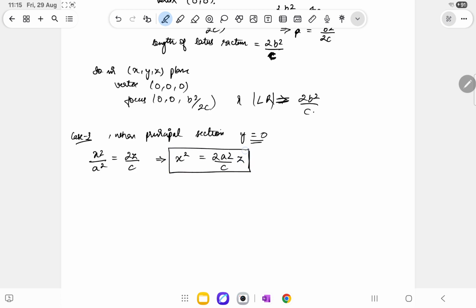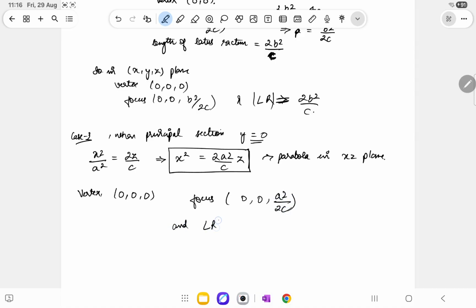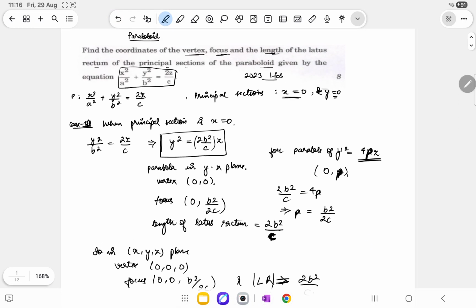This is the equation of a parabola in xz plane. And like we did for part 1, we can find that the vertex will be 0, 0, 0. Focus will be 0, 0, a square by 2c, and LR, the length of latus rectum, will be 2a square by c. So we are supposed to do this in this question.